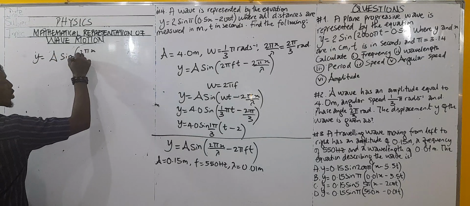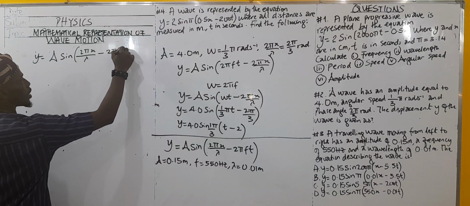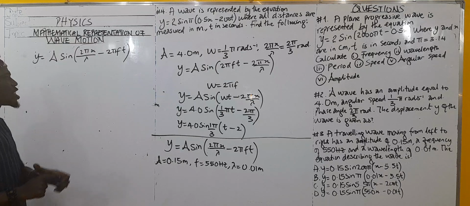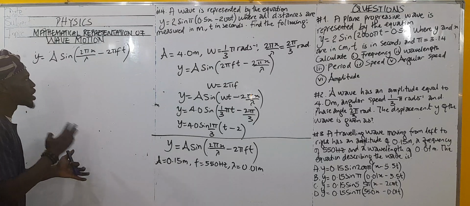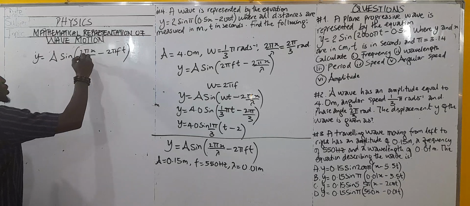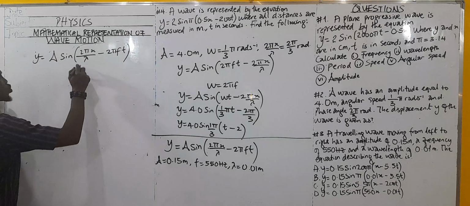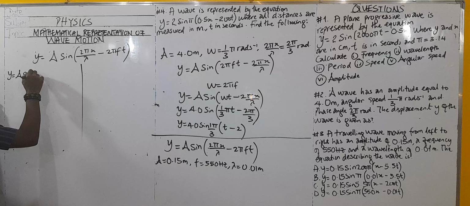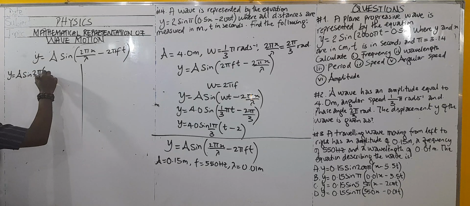So we have 2 pi x over lambda minus 2 pi f t. You have so many ways. This is pure math, like factorizing variables out. Let me take this route. So y equals A sine. We want to bring out 2 pi over lambda, right? So we have x.